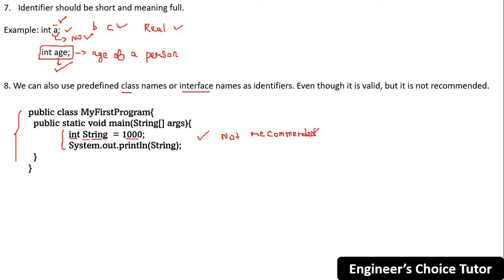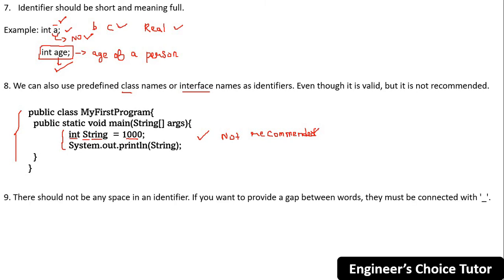And then the last rule is: there should not be any space in an identifier.